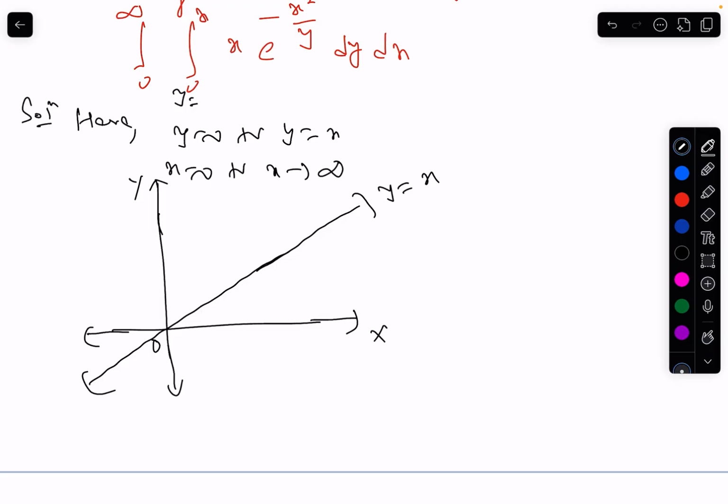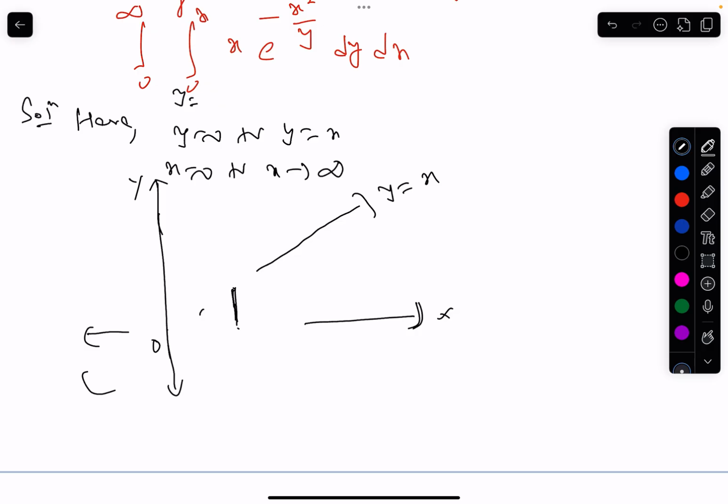This is the region of integration. Like if I take this vertical strip, then here y is 0 and here y is x, and x is 0 to infinity. So this is the region of integration.